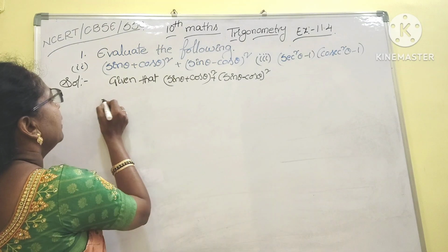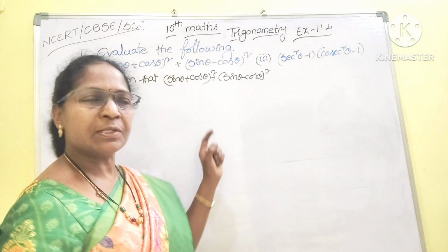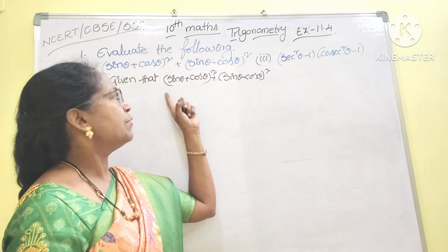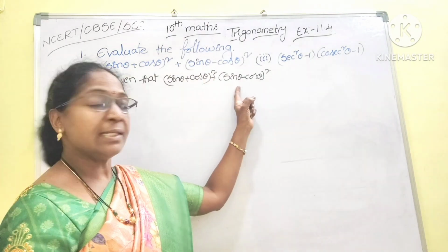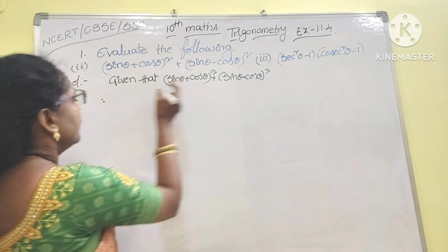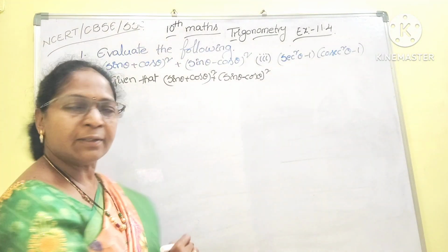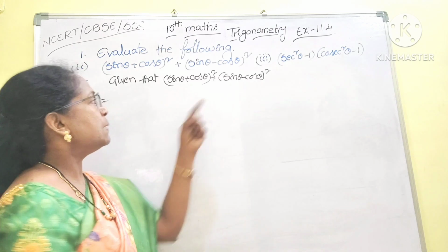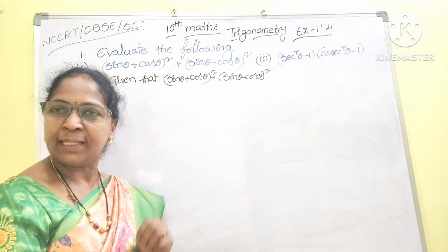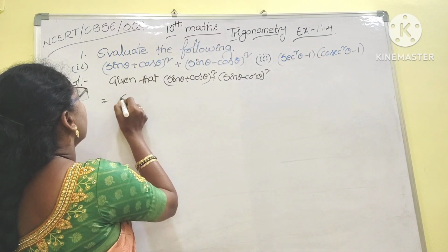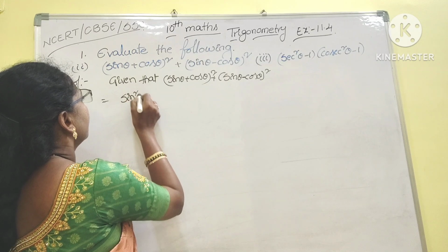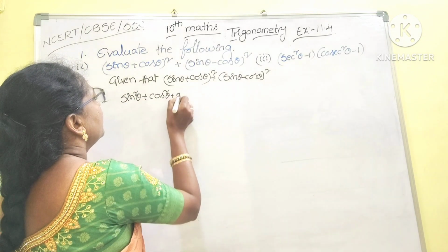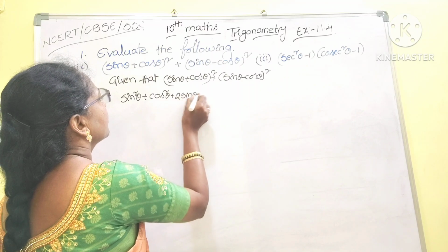Now simplify here. Sin theta plus cos theta whole square and again sin theta minus cos theta whole square. That means this is in the form of a plus b whole square and this is a minus b whole square. Now expand the terms. Sin theta plus cos theta whole square equal to sin square theta plus cos square theta plus 2 sin theta cos theta.